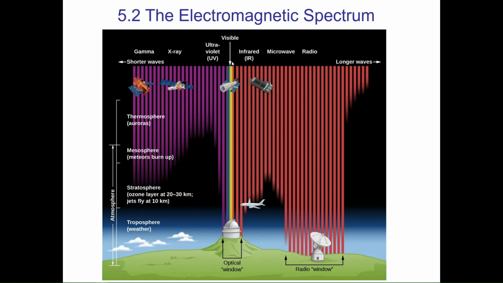As we go to shorter wavelengths and higher frequency, the energy associated with the radiation becomes higher. Only the range of ultraviolet closer to visible light can reach the surface of the Earth.